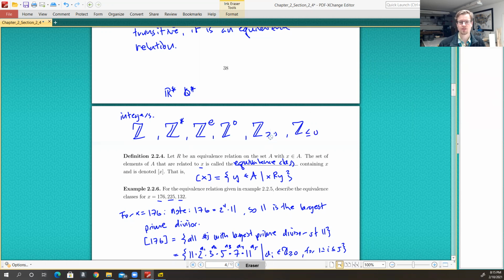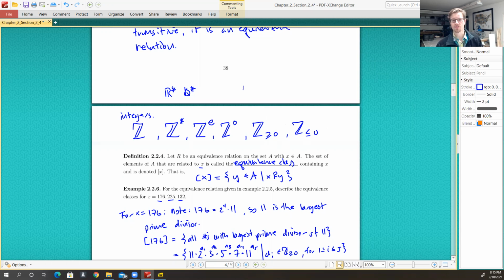And of course, you could choose to not have the equal to there as well. So these are all different subsets of the integers that we'll be interested in. In our example, we're interested in the integers which are greater than or equal to 0. So this is non-negative integers, this is non-positive.